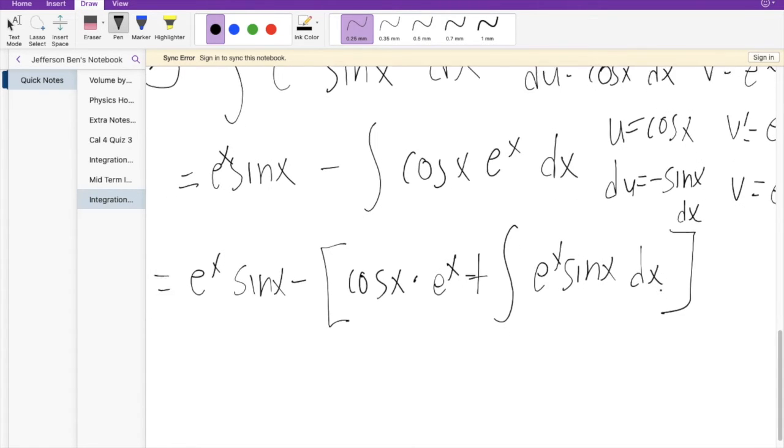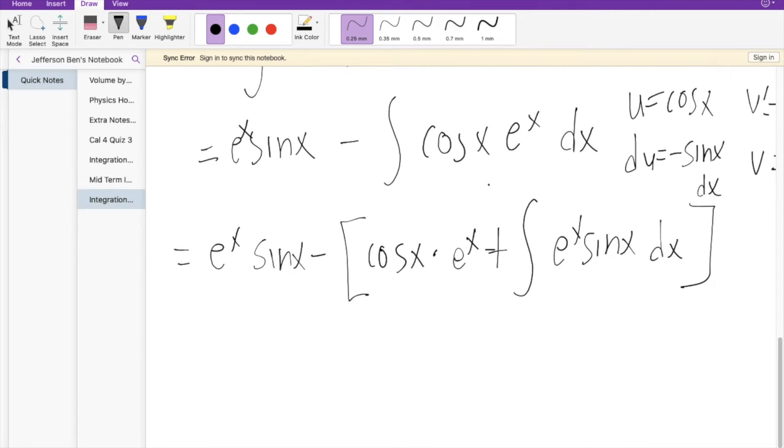Now we get this, and we see another integral which we cannot solve directly. We have to use integration by parts, so maybe we can use it again.